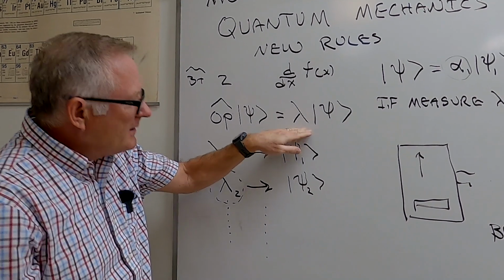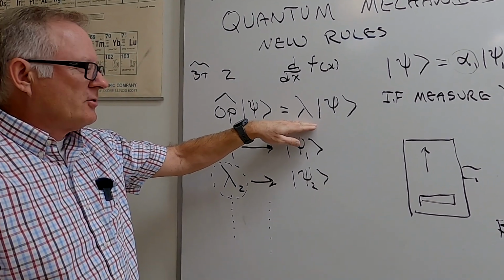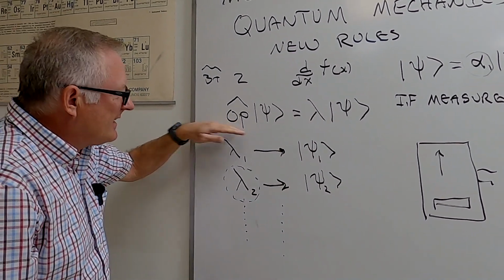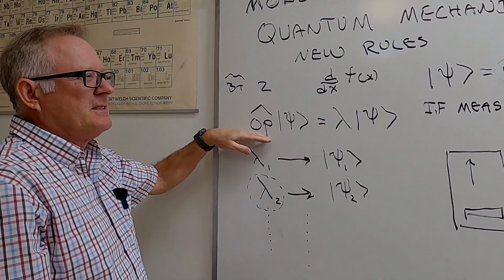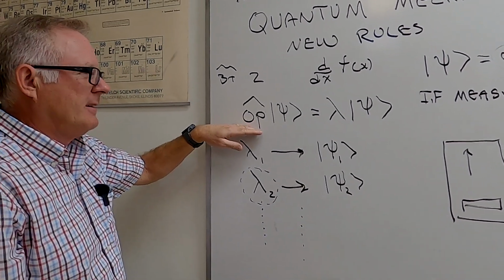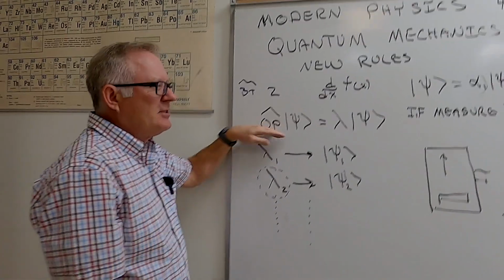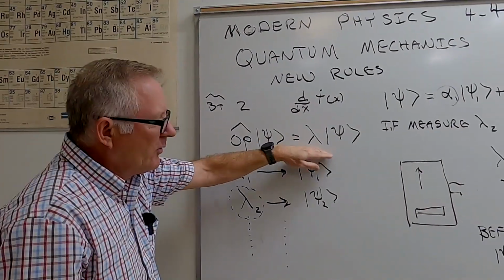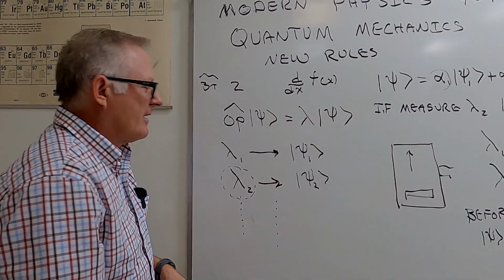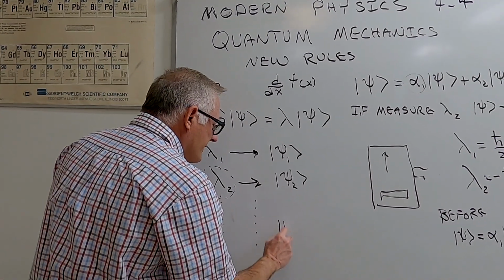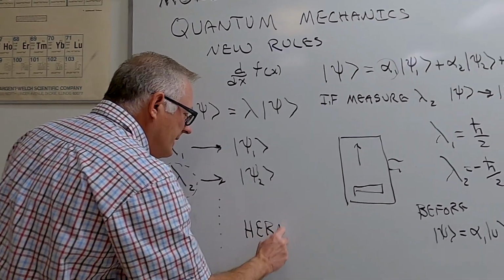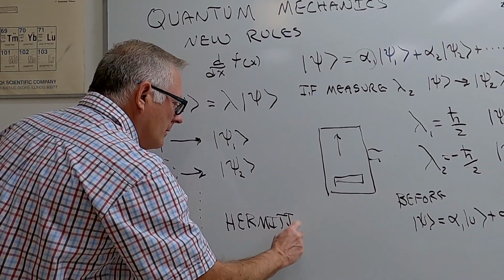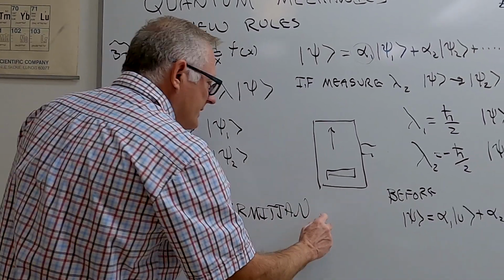Since this always has to be real, because that's all you can measure, these operators, these matrices, have to be special. They give a name to these special matrices that give you real values: Hermitian matrices.